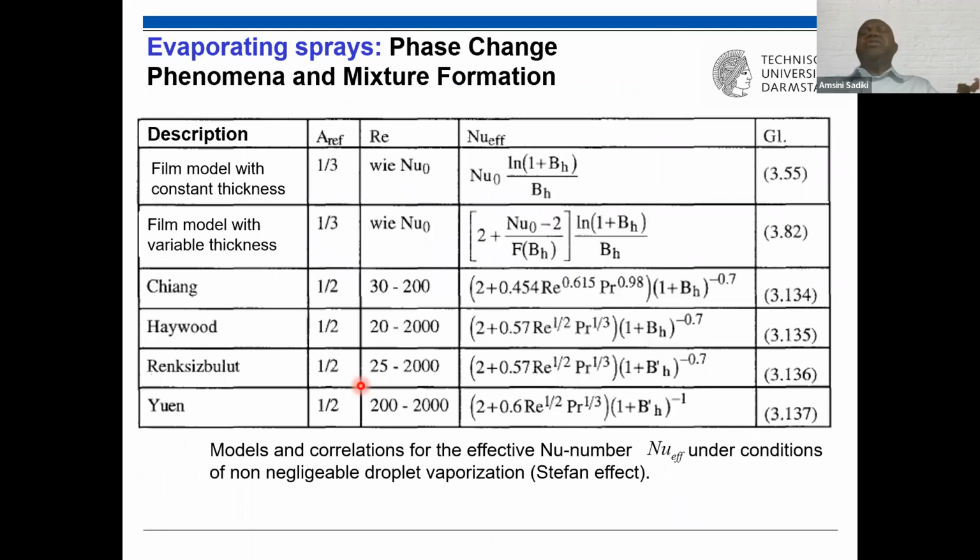Because the dimension of the droplets is changing with time, we will also have a different drag coefficient and different Nusselt number, which accounts for the turbulence effect. We have said this will also depend on the thickness of the film we consider.